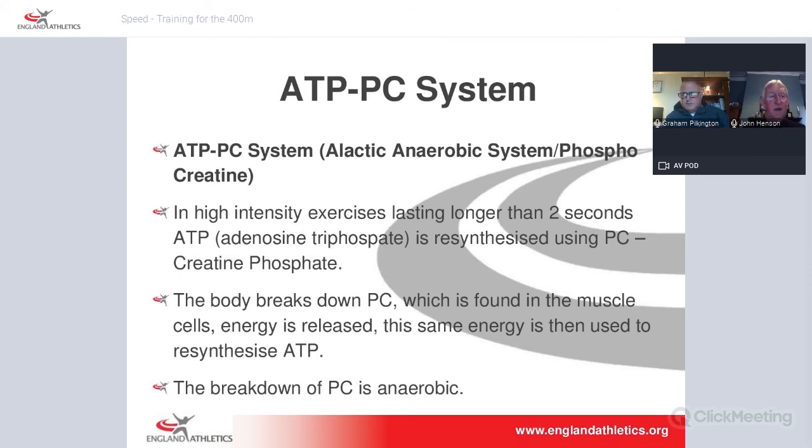Well, yes. Basically, as I understand it, at any rate, the ATP, the adenosine triphosphate, is broken down.